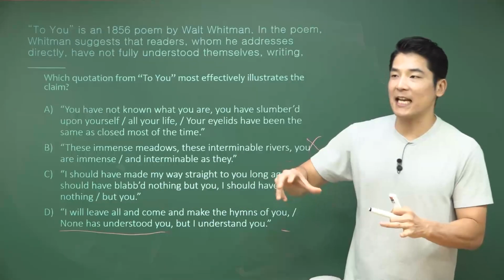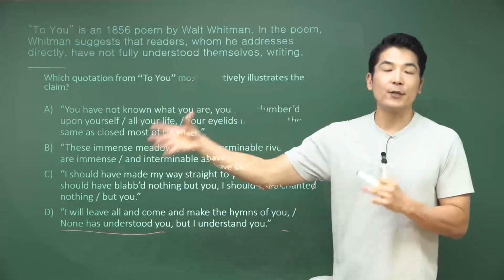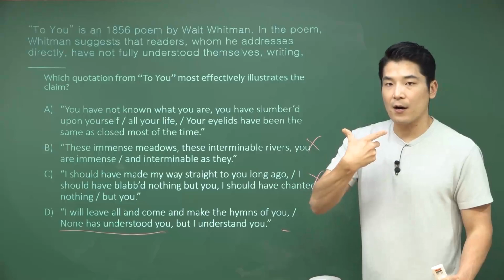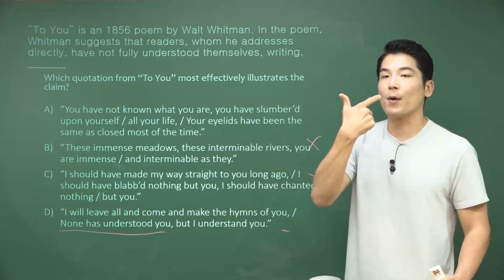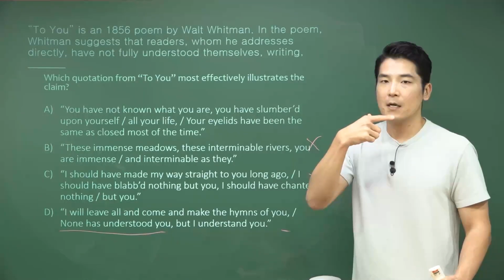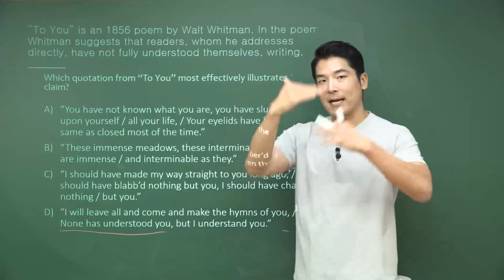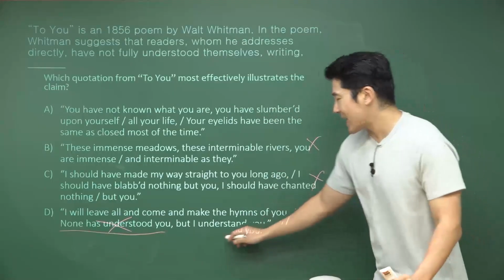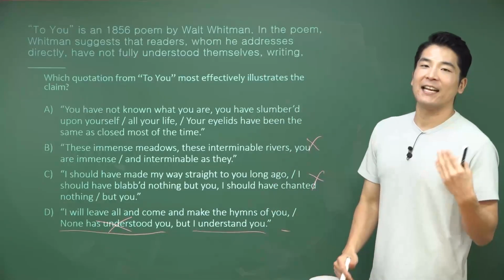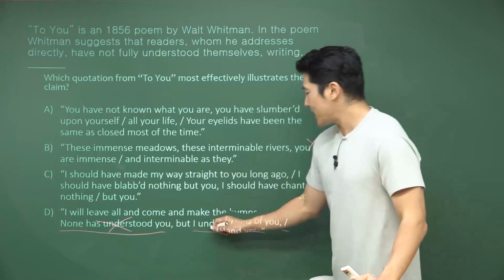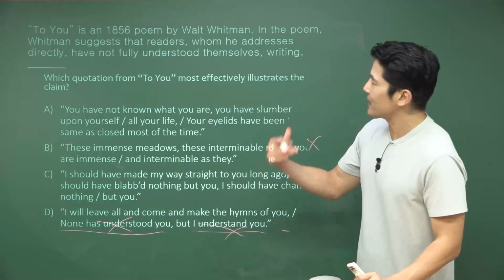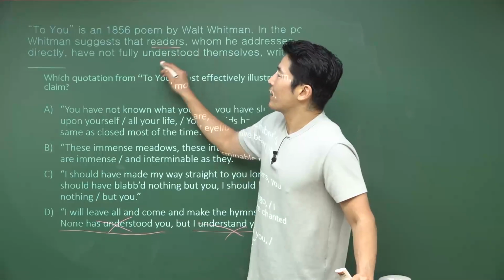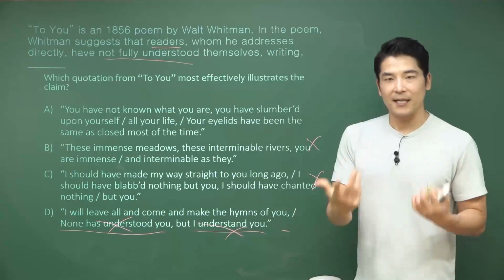It doesn't match the statement that it doesn't matter if other people don't know who I am. This claim is saying that readers don't know who they are. They're talking about themselves and knowing themselves. So this doesn't directly relate. When we say I understand you, if the speaker understands the person he's talking to, that doesn't directly match readers not understanding themselves.